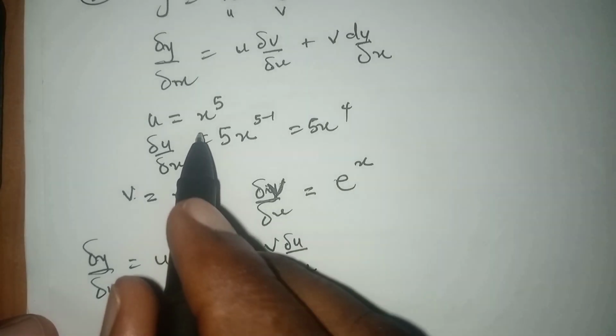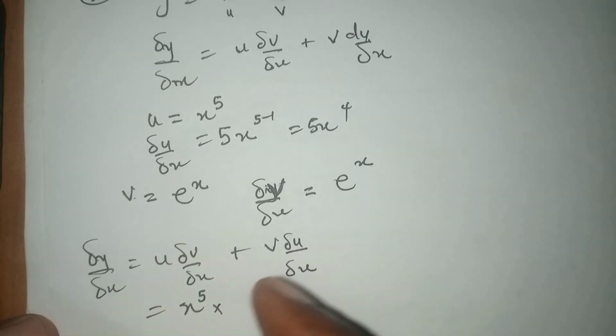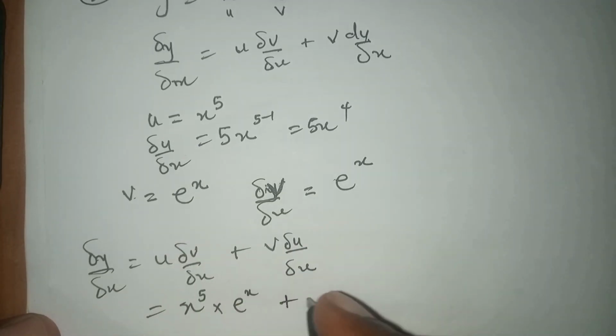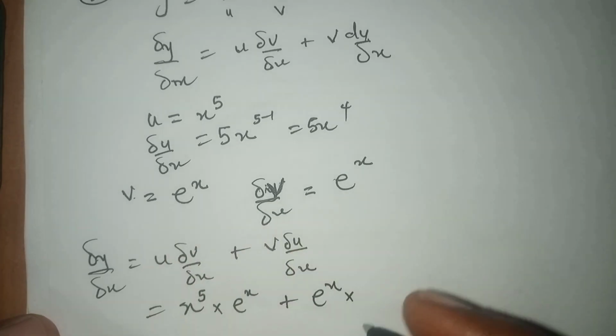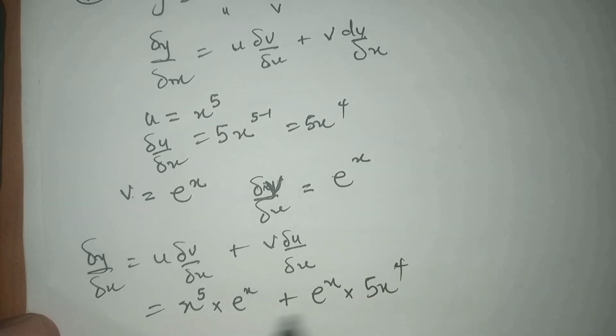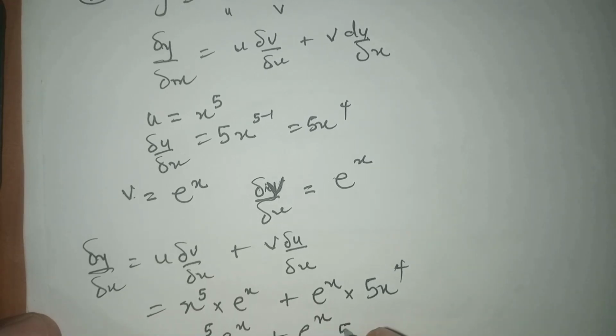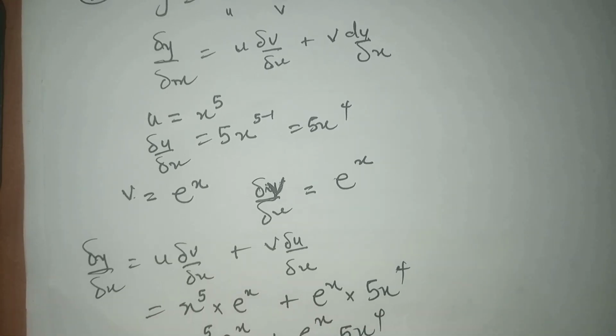So what is u? U is x raised to power 5 times dv/dx, which is e raised to power x, plus v, which is e raised to power x, times du/dx, which is 5x raised to power 4. So this will give us x to the power 5 e^x plus e^x 5x to the power 4.